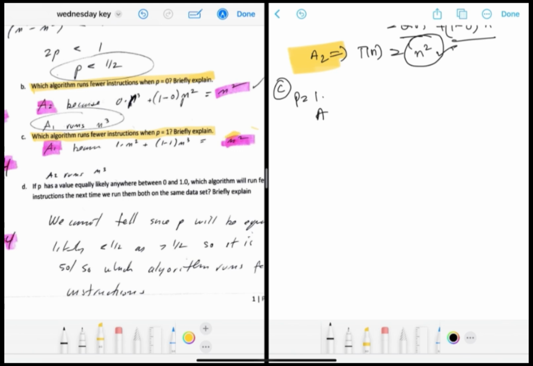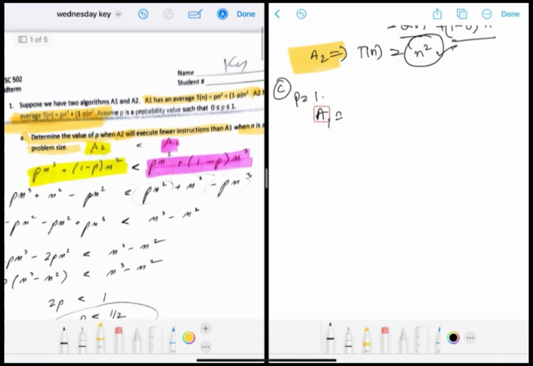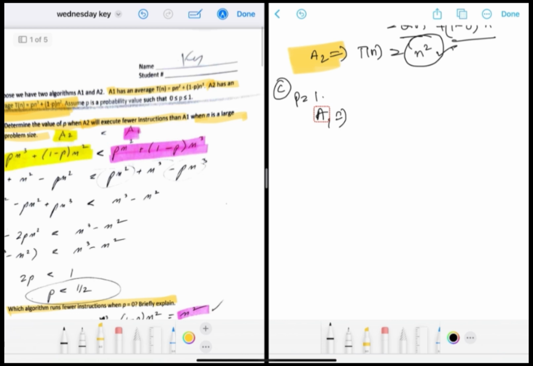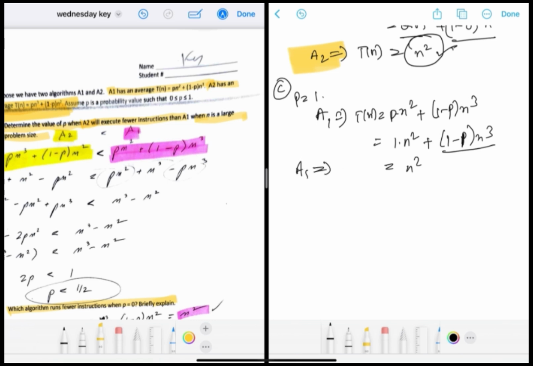So first, for A1, the T of n is equal to P n square plus 1 minus P n cube. 1 times n square. We are just substituting the P value here. 1 minus 1 times n cube, n square. This is going to be 0. So that is the A1 T of n when P is equal to 1.